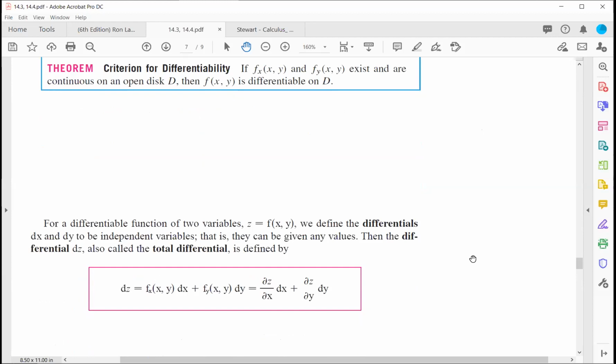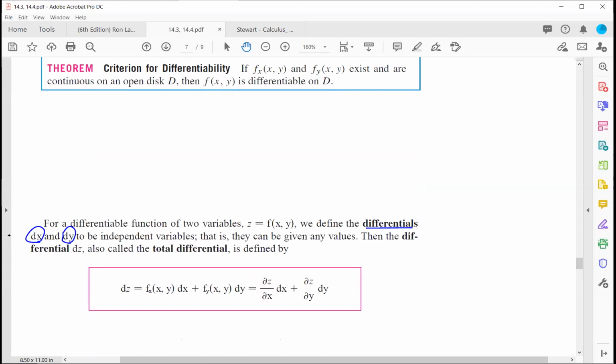If you have a differentiable function like z equals f of x and y, we can define differentials dx, dy. Guys, these are not partial derivatives. These are differentials of the function.